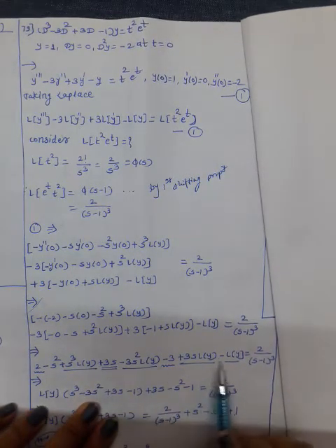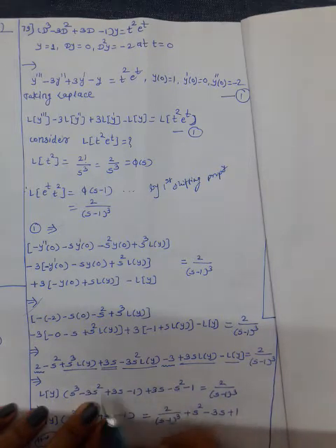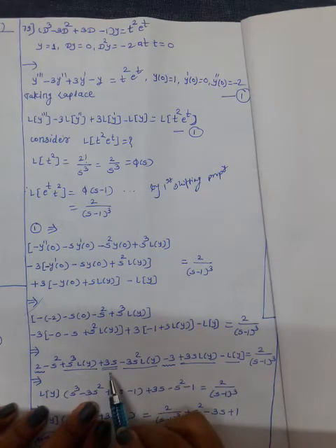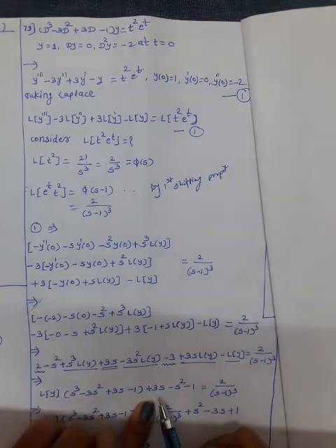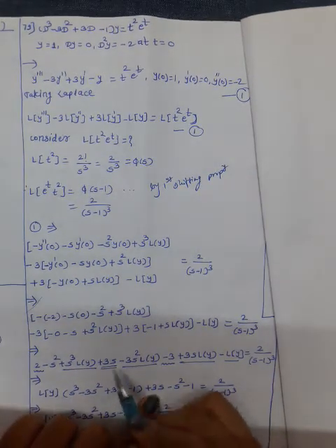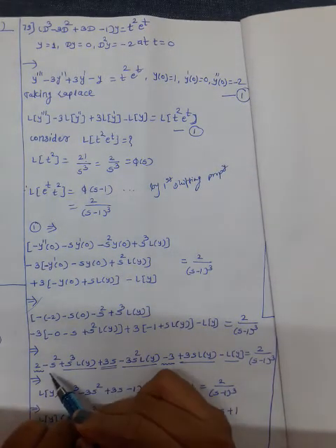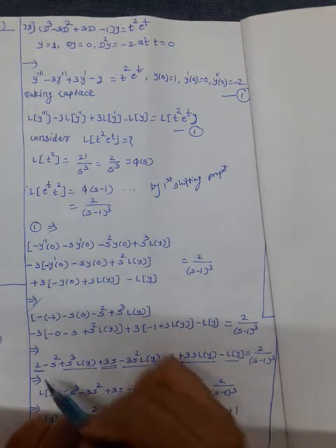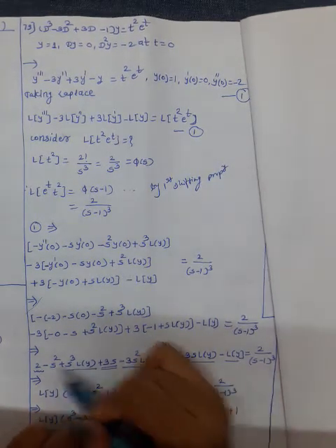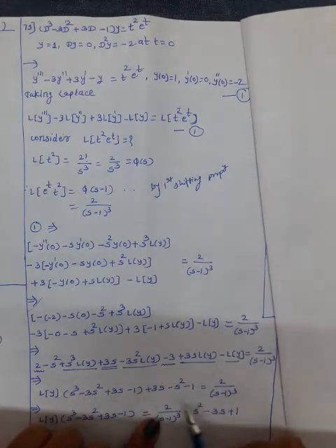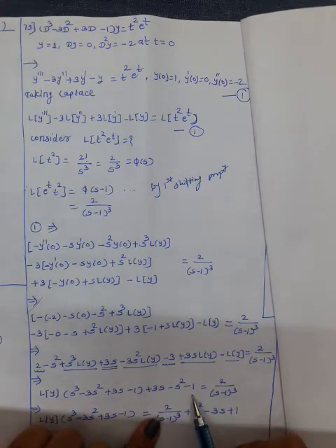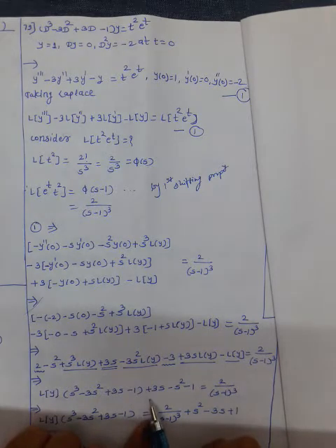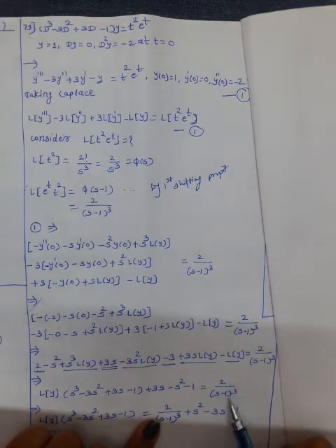All the single underlined terms get calculated. Now the double underlined terms are minus 3s plus 3s as it is, only a single term is there, and the s square term is also a single term, and the last constant term is minus 3 plus 1 plus 2, that is minus 1. Okay, all terms get calculated here, equal to the RHS side as it is.